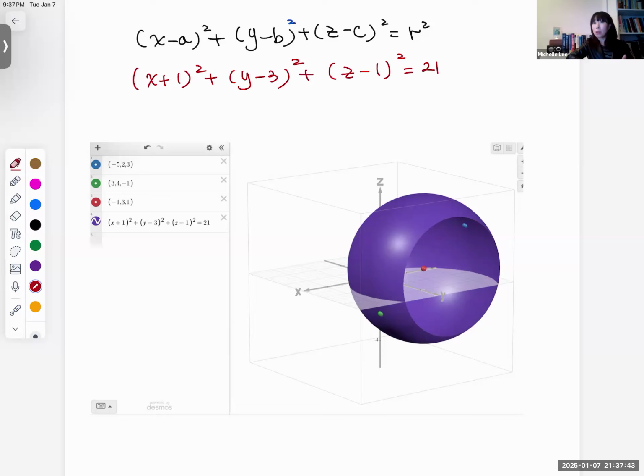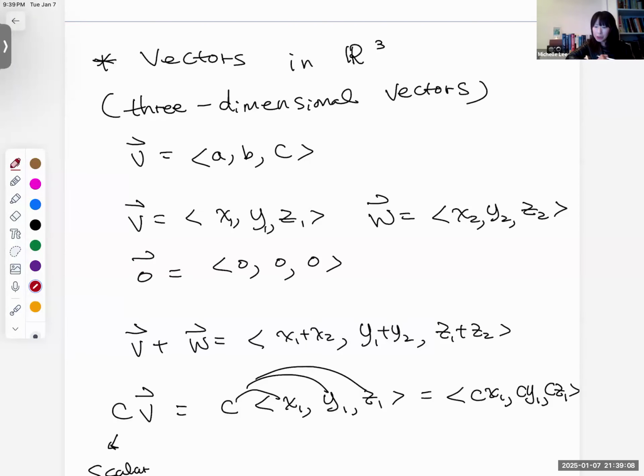So we follow every property, and then scalar multiplication and then vector addition like that, right? So let's do it. Okay, so vectors in 3 dimensions. So let's take a look. Can you see that? We have a notation R3, right? So that means 3 dimensions.